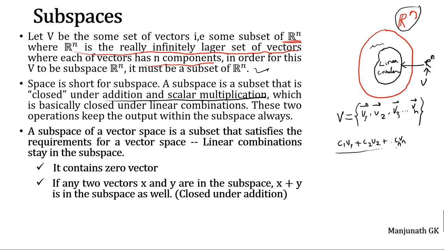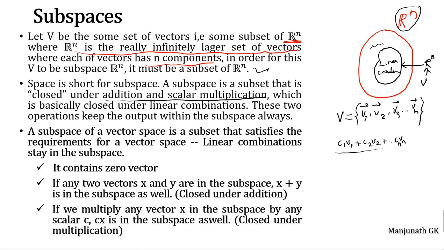Next, if x and y are in a subspace, here we have taken v1 and v2. If v1 and v2 are in this subspace, then v1 plus v2 should be in this region only. It should not cross this space. This is the second condition. That is, addition should be closed. All vectors should be closed under addition here.